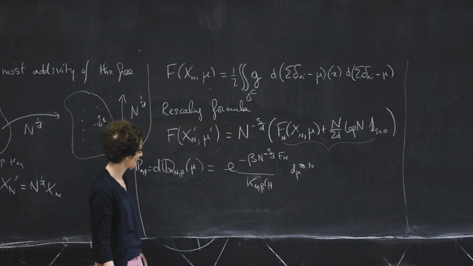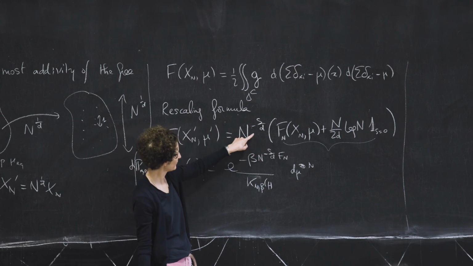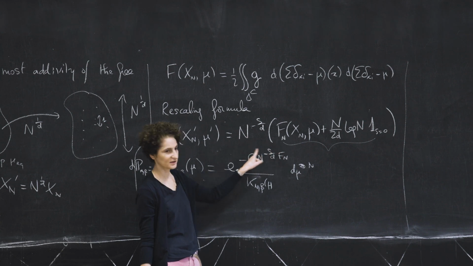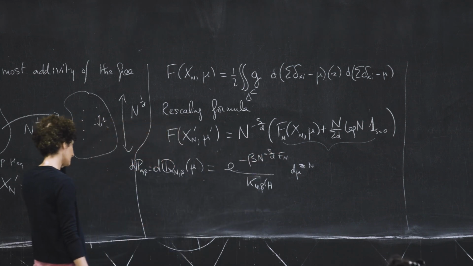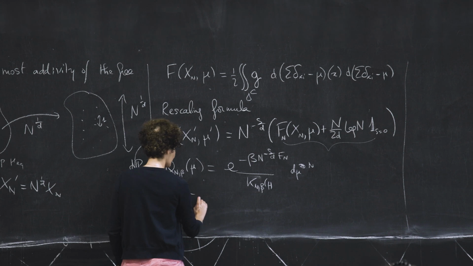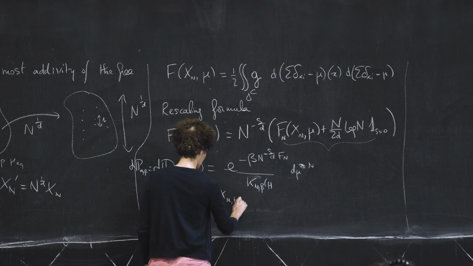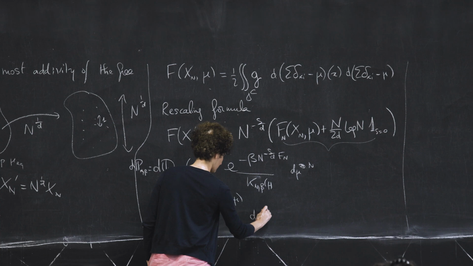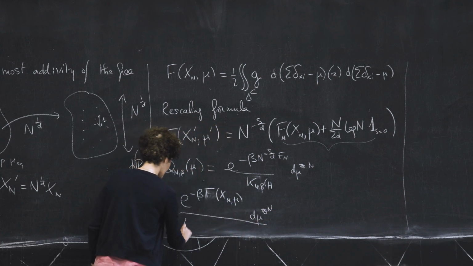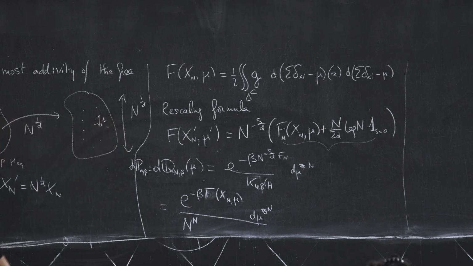And now maybe you see why it's convenient to have this factor n to the minus s over d in front, because it's going to exactly match the rescaling formula. So now in rescaled terms, this is equal to e to the minus beta f, without the n anymore. And there's going to be a different normalization factor. Here it's convenient to divide by n to the n, which is the mass of mu prime, in fact.